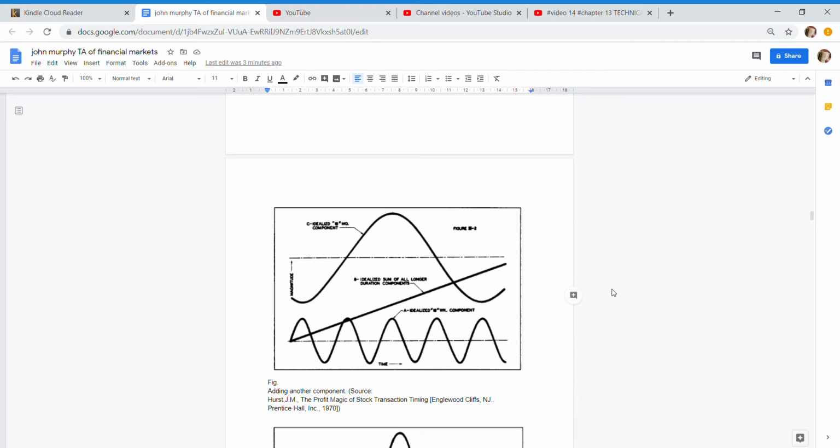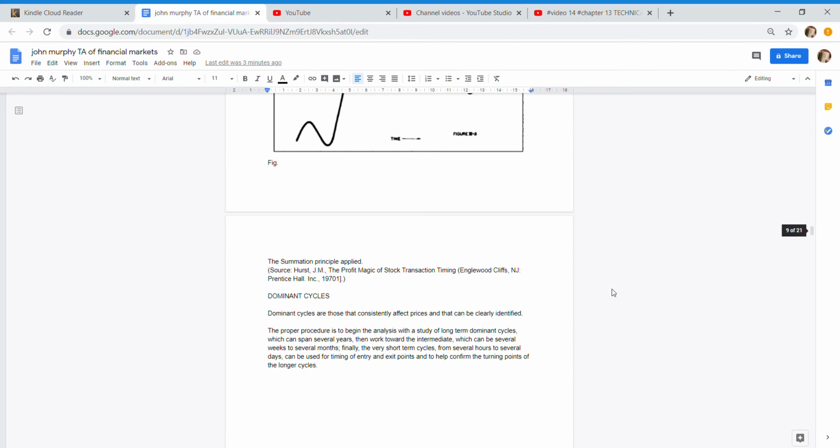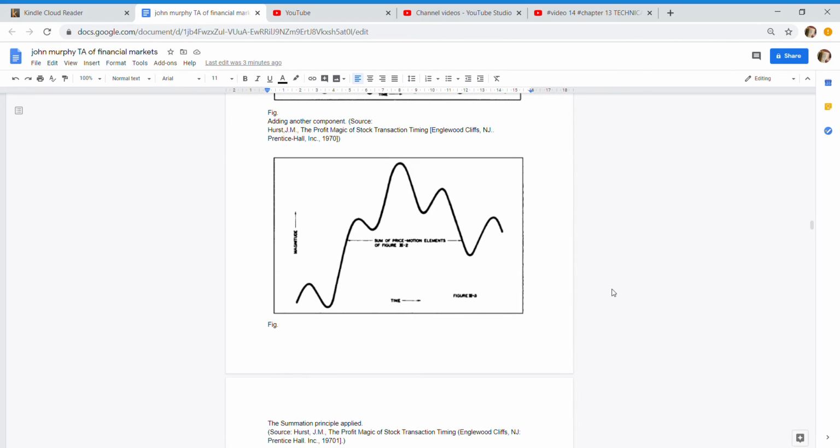Source: Hurst, J.M., The Profit Magic of Stock Transaction Timing, Englewood Cliffs, N.J.: Prentice Hall, Inc., 1970. Fig. The Summation Principle Applied. Source: Hurst, J.M., The Profit Magic of Stock Transaction Timing, Englewood Cliffs, N.J.: Prentice Hall, Inc.